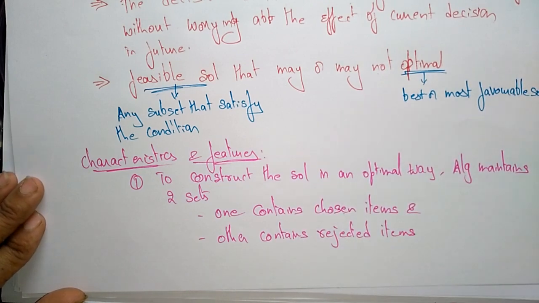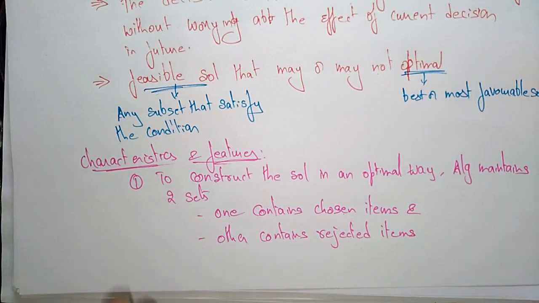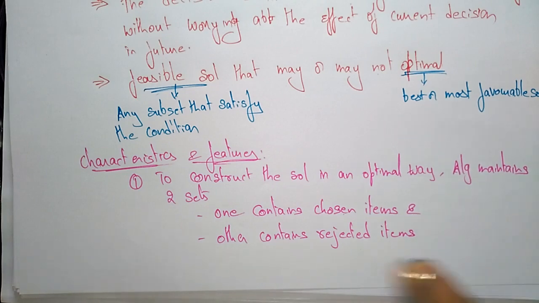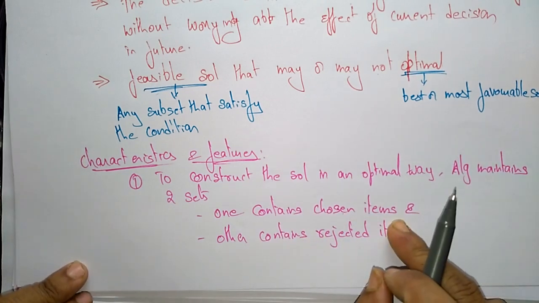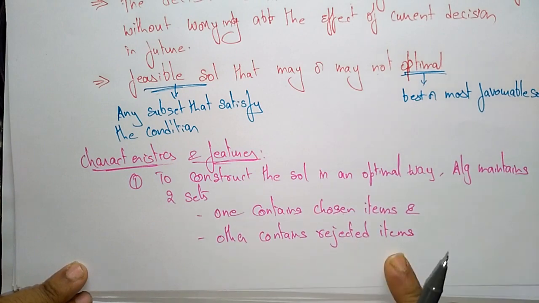So whatever you take to construct a solution using the greedy method in an optimal way, you have to maintain two sets: the selected items and the rejected items.